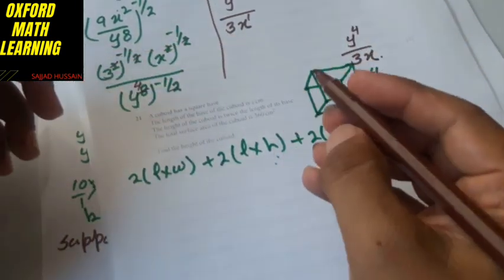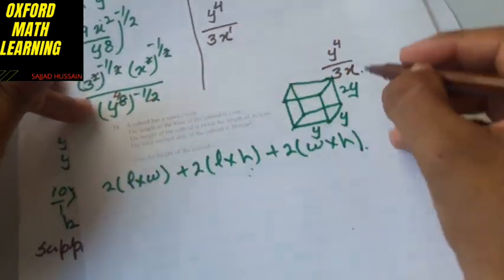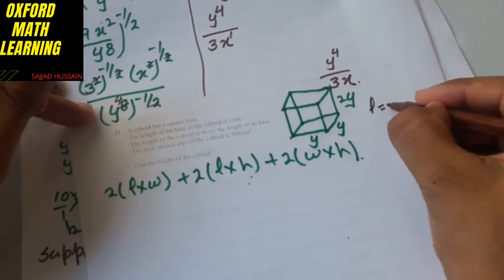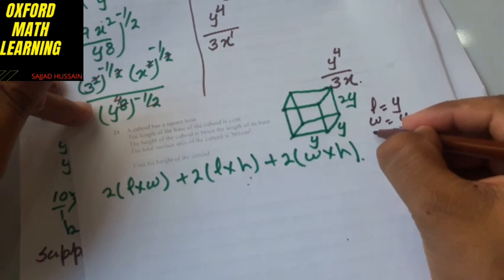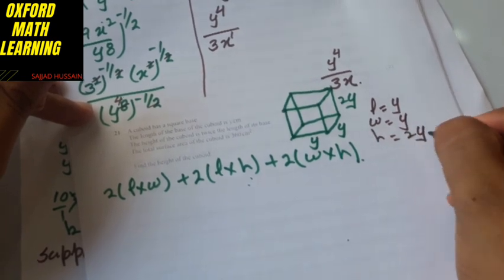So I can write length is y, width is y and height is 2y.